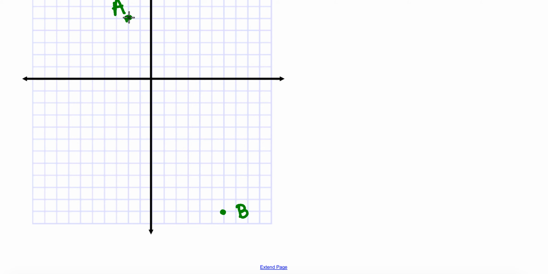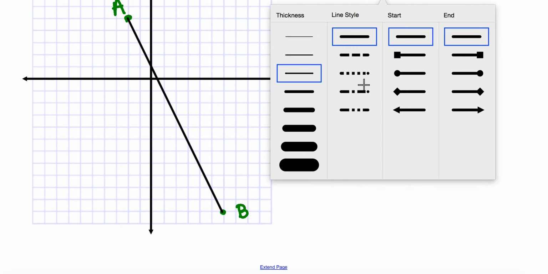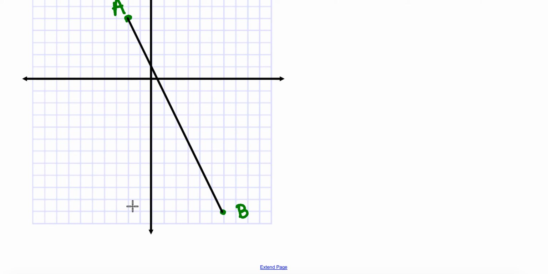Now I'm going to connect those two dots, and I'm going to go for the horizontal differences and vertical differences just like before, as if I'm finding the distance between A and B. In this case, it seems that the horizontal difference is smaller, and I'm hoping it'll be easier to deal with.